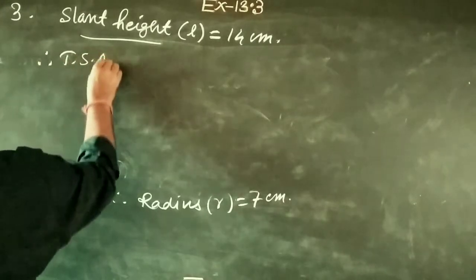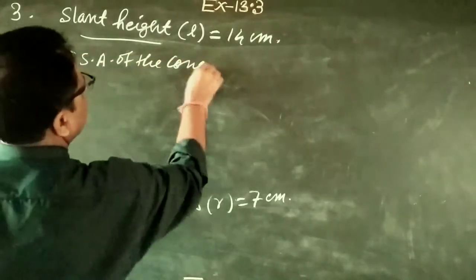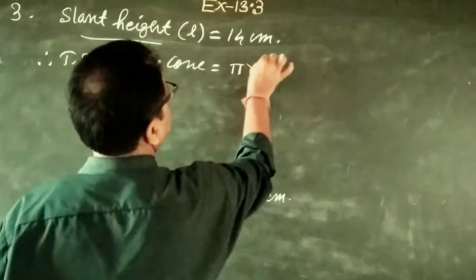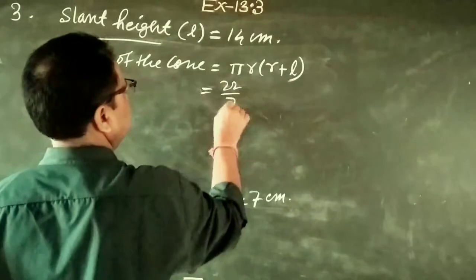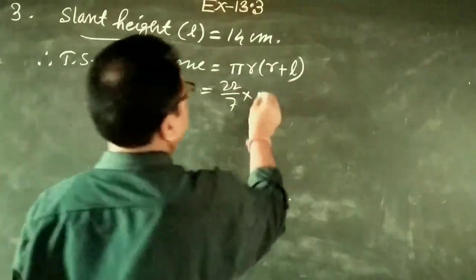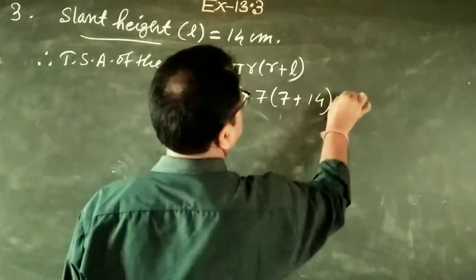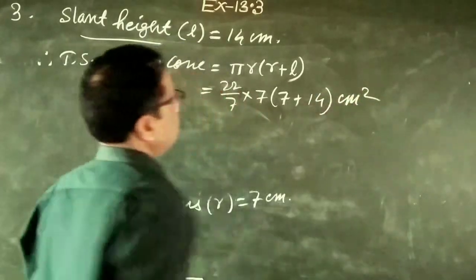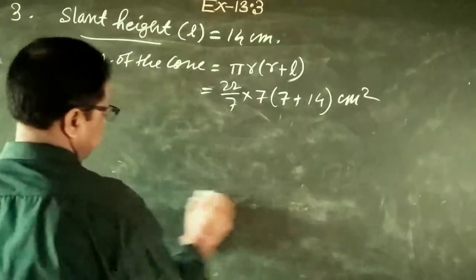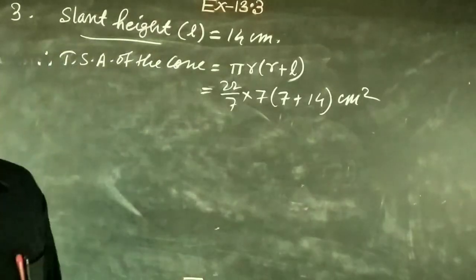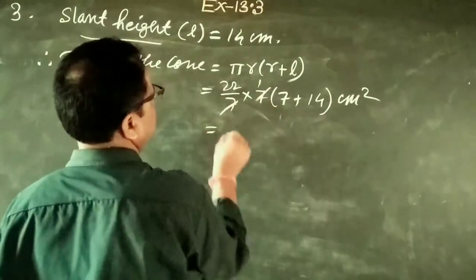Total surface area of the cone is pi r (r plus L). Pi is 22 by 7, into radius 7, into (7 plus slant height 14). The area is in centimeter square. Now we need to calculate it. 7 cancelled, getting 1.